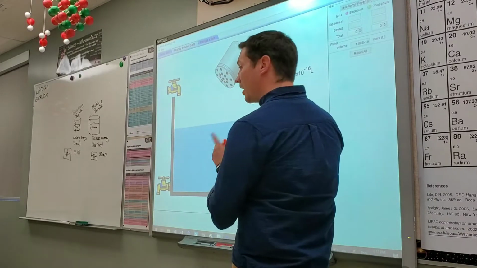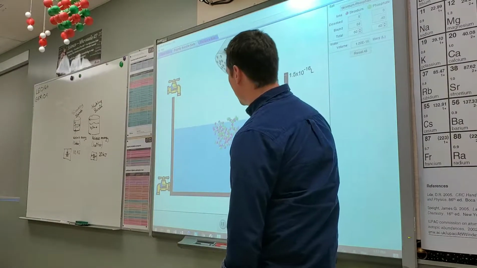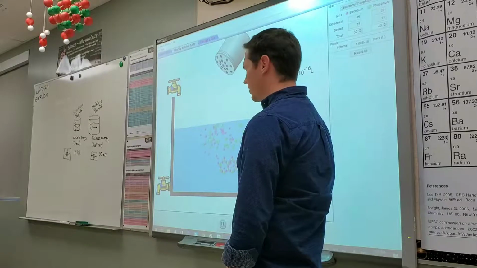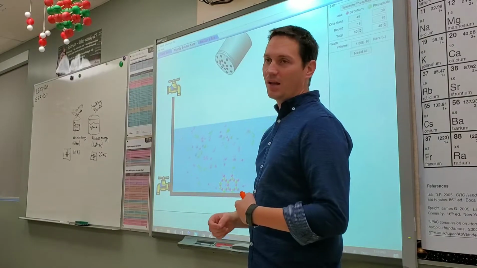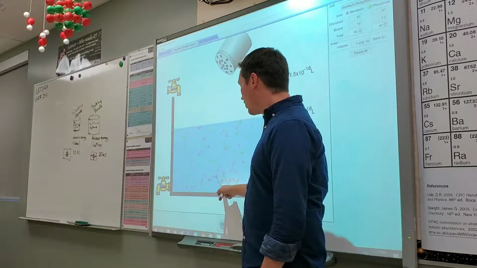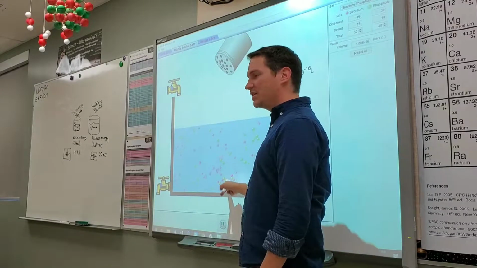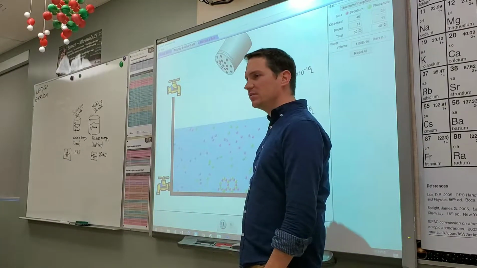At the microscopic level, if I add some strontium phosphate, does it dissolve? Yeah. Does it all dissolve? No. So what we're seeing here is a small crystal of strontium phosphate at the bottom. But did some of it dissolve into our solution? Yes.